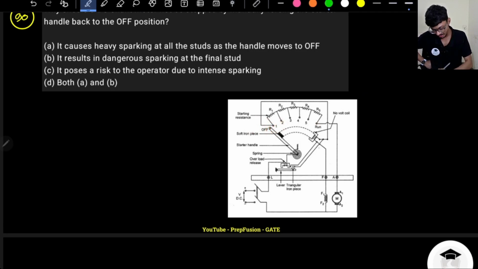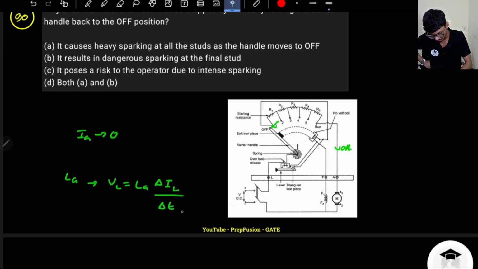So if the motor is running, that means there is some armature current in the motor, and there is some inductance of the armature. And if I suddenly bring it to the off position, that means it is open circuit, so current will be 0 amperes. So from Ia it went to 0 amperes. So there will be a reactance voltage La into dIa by dt, right?